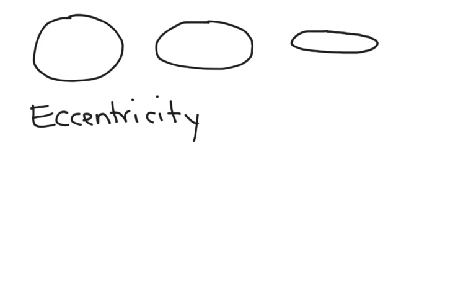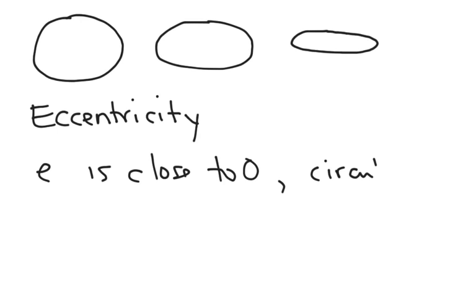We'll call eccentricity E. If it's close to 0, then it's more circular. It's not quite a circle. A circle would be eccentricity of 0.